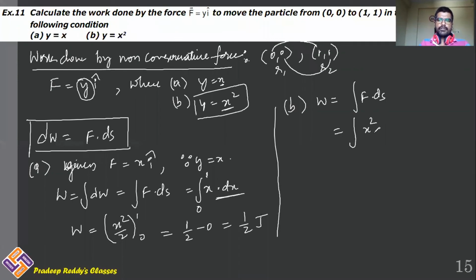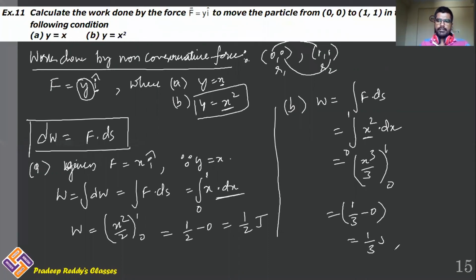This gives you x square, and along the x-axis displacement is dx. Now this gives you x cube divided by 3. Limits along the x-axis are from 0 to 1. That is 1 by 3 minus 0, which is equal to 1 by 3 joule.